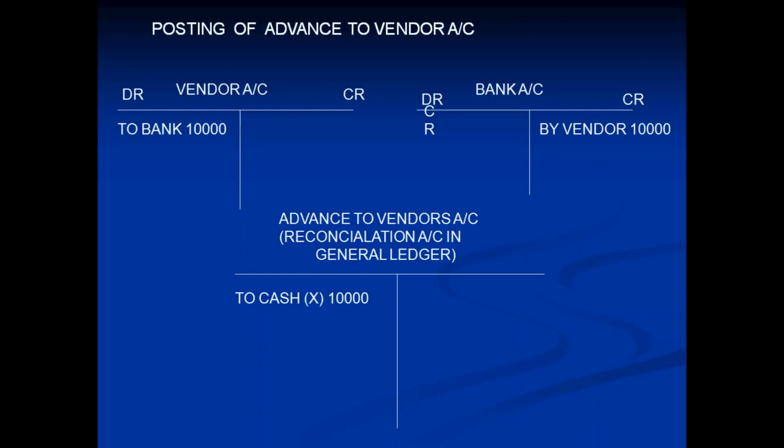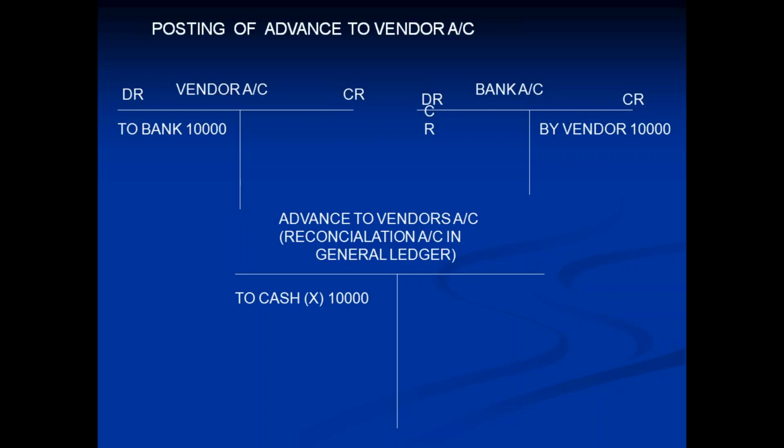For example, if we do the advance payment to the vendor, the bank account will be credited and the vendor will be debited, under the advance to vendor account, which we maintain as an alternative reconciliation account, which will have the special GL transaction. So that will obviously be debited.